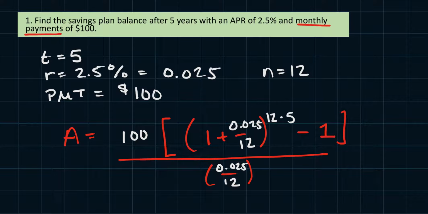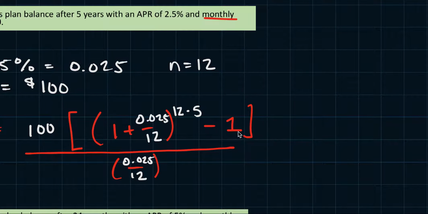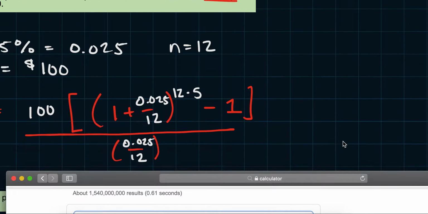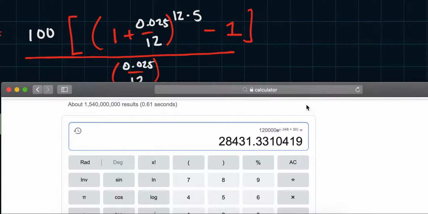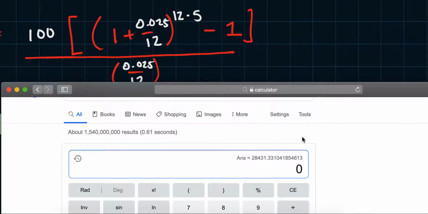Okay, so how in the world will we put this in the calculator? My suggestion for this is to put the top in the calculator first. Hit equals, and then divide by this piece. So let me show you what I mean. I'm just going to put this top piece in my calculator. So let me clear this out. I'm going to put 100. Notice that this is just a fancy parentheses. So I'm just going to put a parentheses, okay?